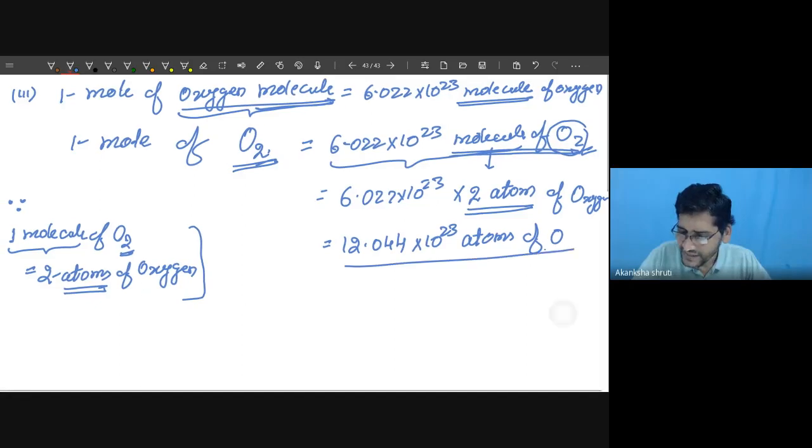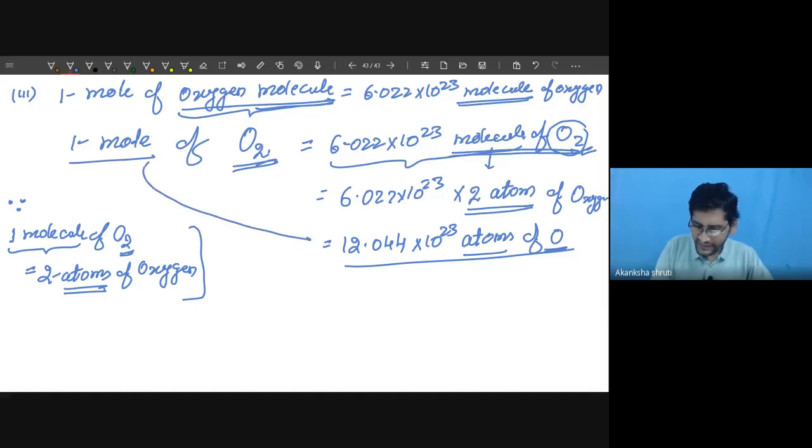So here is the difference. In terms of atoms, 1 mole of O2 contains 12.044 into 10 to the power 23 atoms of oxygen, but it contains 6.022 into 10 to the power 23 molecules. So in terms of molecules, it will be this much. Molecules means Avogadro number of molecules. Are you getting? So this way molecules can be converted into their atoms. Okay, this is one way.